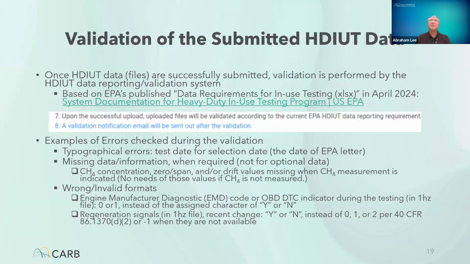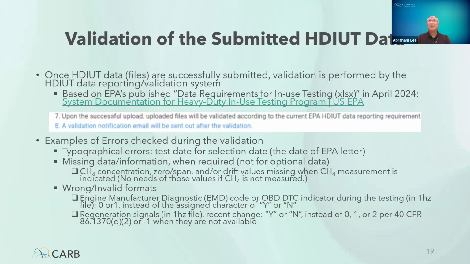That validation process follows the EPA's published data requirement for in-use testing. Right now, the current one is the April 2024 version. So following that guidance requirement, the validation system will process and then tell whether there is any error or not.